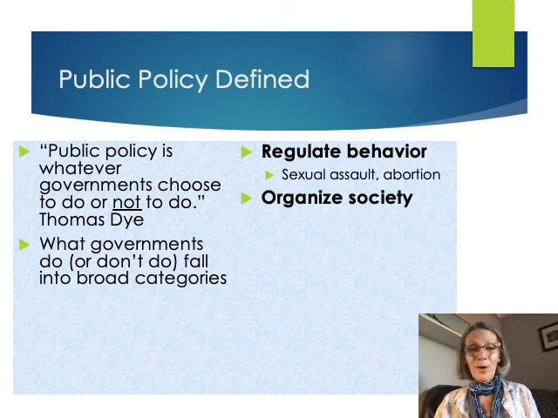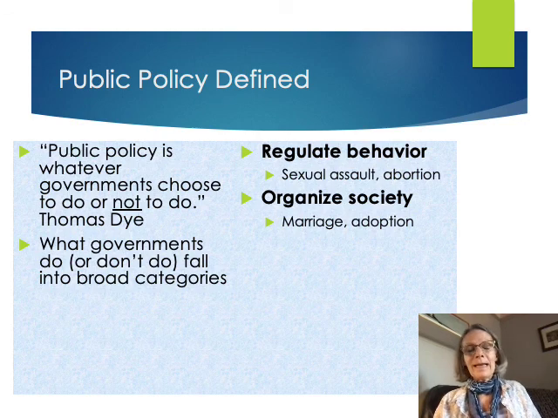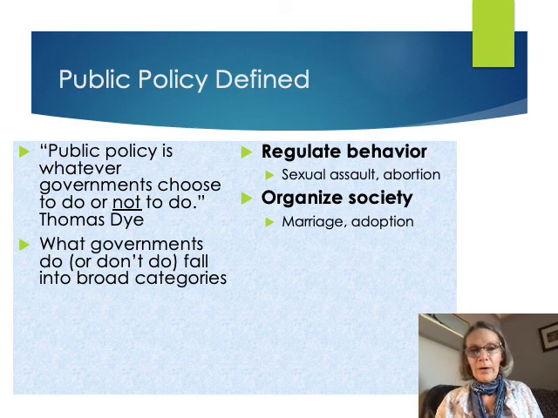Other examples are organizing society. Public policy takes actions to implement policies that have an impact on how we organize ourselves. Family is a good example of a way that the state can have an impact on how we organize ourselves into family units. Marriage, adoption.